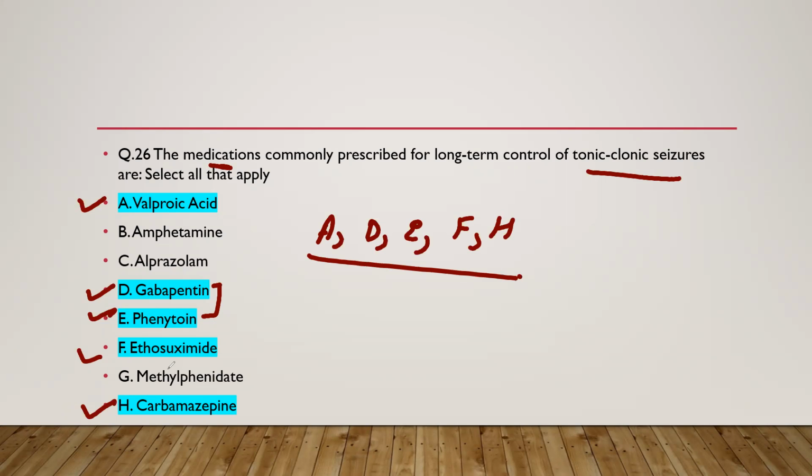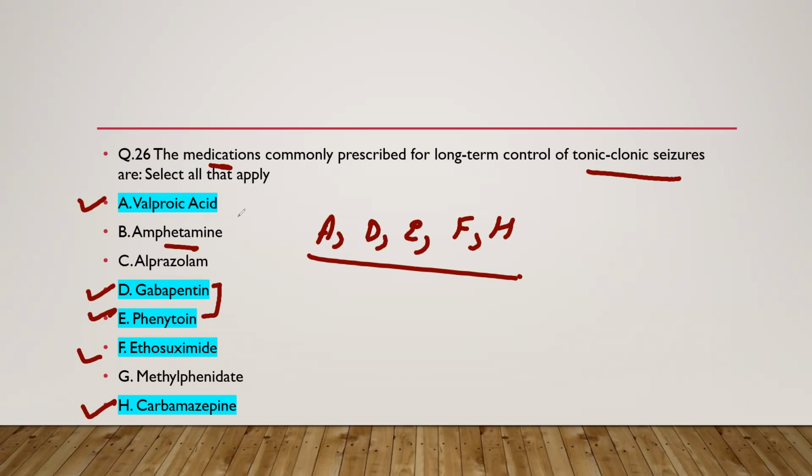We have discussed alprazolam. This is not an anticonvulsant drug, because it is used for the treatment of anxiety, so it is an inappropriate option. Then the option amphetamine is also inappropriate, because this drug is not used to treat tonic-clonic seizure activity.